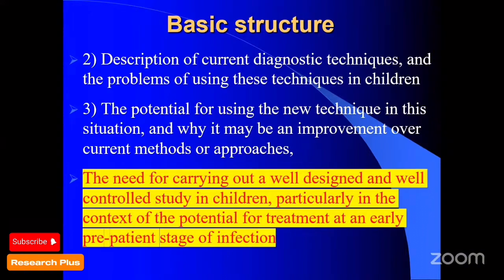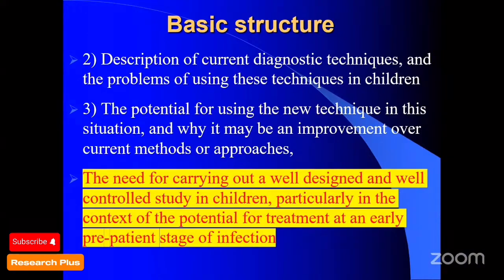Then the third paragraph will focus on the new technique, for example, the RDT we talked about, and why it may be an improvement over the previous methods that were being used in diagnosing it. And then the fourth paragraph will be the objectives of the study. Your study will now describe the diagnostic utility of a new kit in diagnosing malaria in children compared to the existing kit.